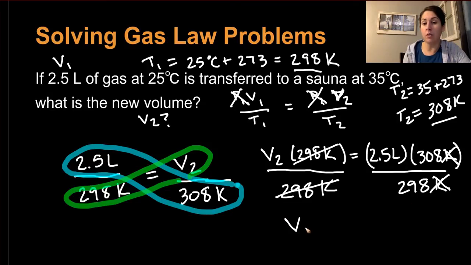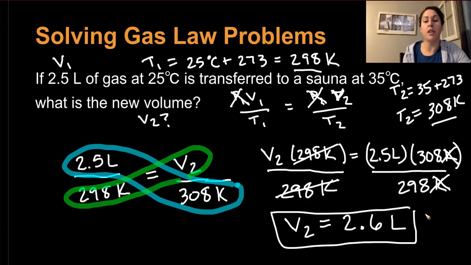You want to check this in your calculator to make sure you get the same number. I started with my least number of sig figs. All of these had 2, so I'm going to have 2 sig figs at the end, and I get 2.6 liters. And that's what I end up with for volume afterwards when temperature changes.